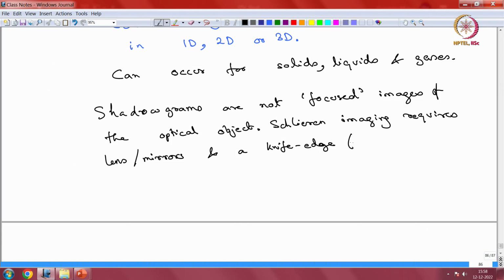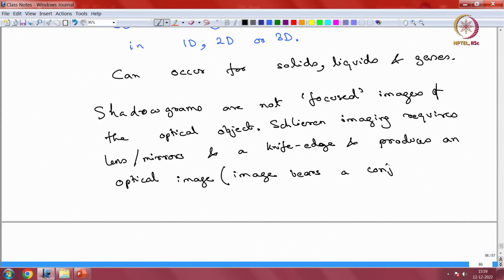And it produces an optical image, meaning that the image bears a conjugate optical relationship with the object.